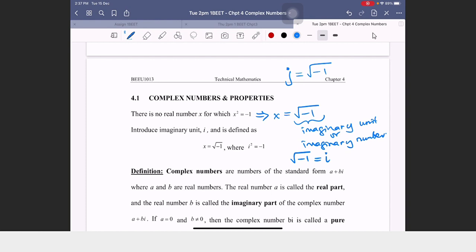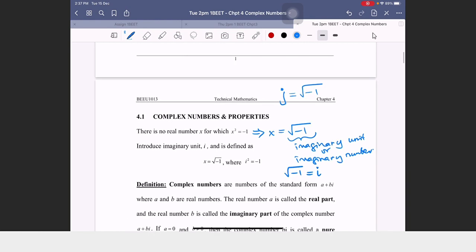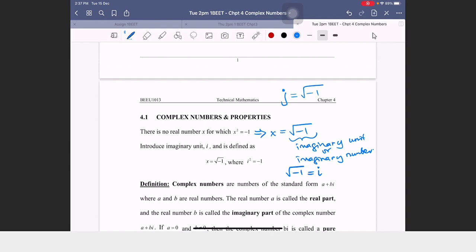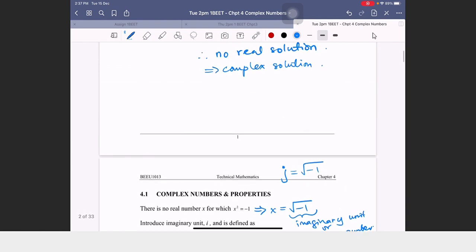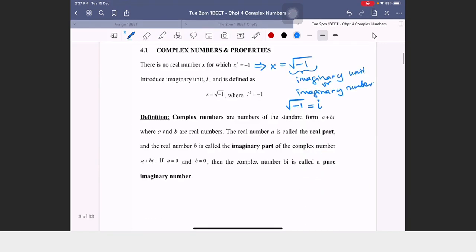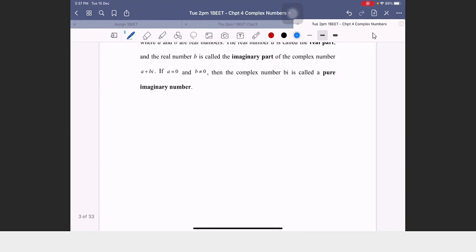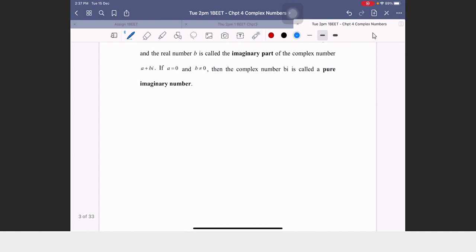With this complex number, or imaginary number, it completes the number system. If you remember, the number system starts from real numbers, which you learned about as the top of the number system.